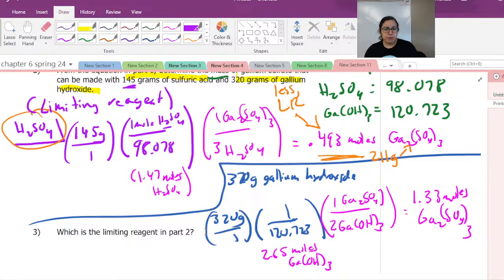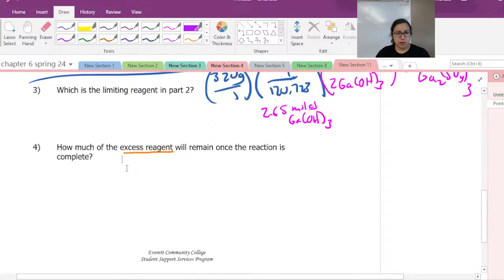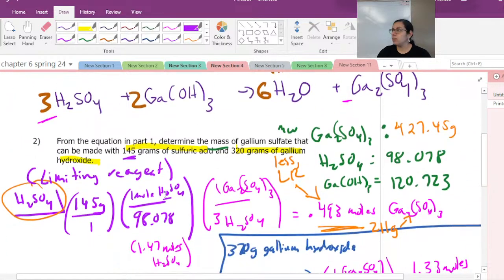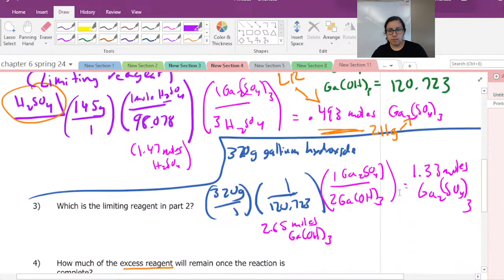So what did we come up with for question 4? How do we determine excess reagent? So you start off with the 0.493 limiting.